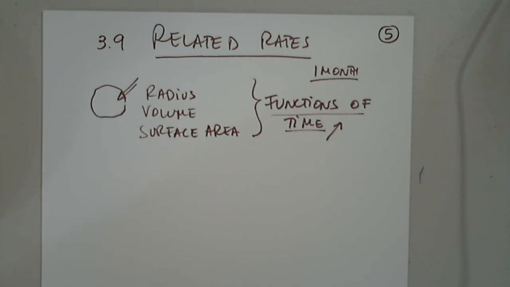So this is 3.9, related rates. Okay, so let's start with something with the distance first, and then we'll come back to other examples.